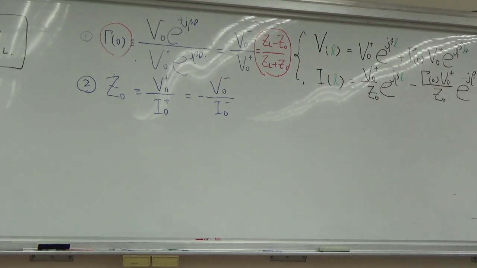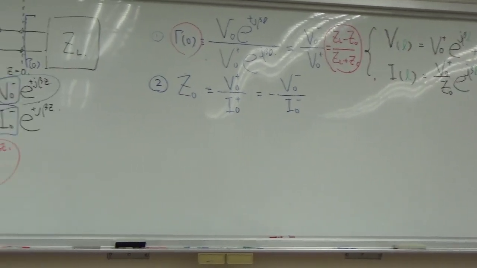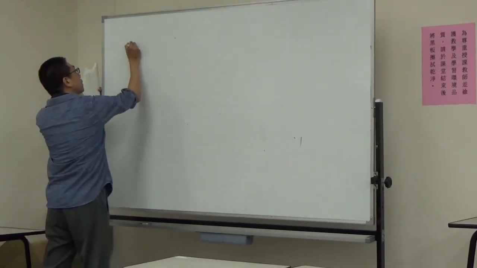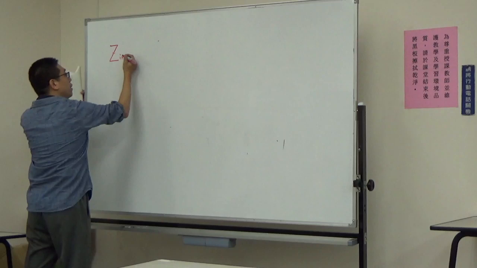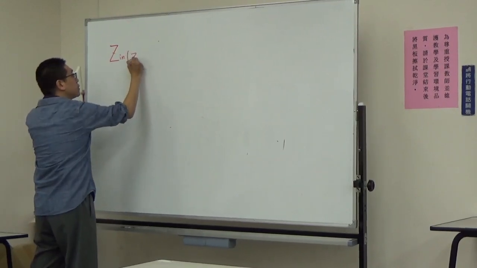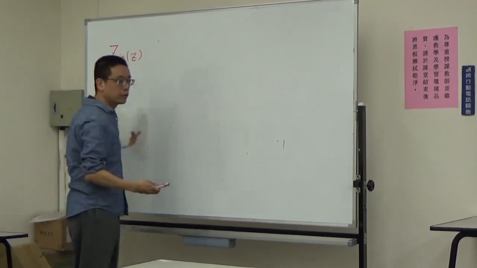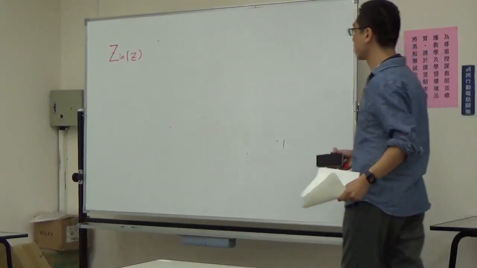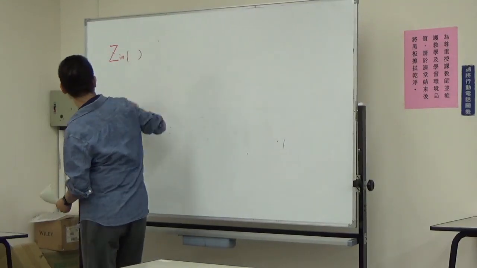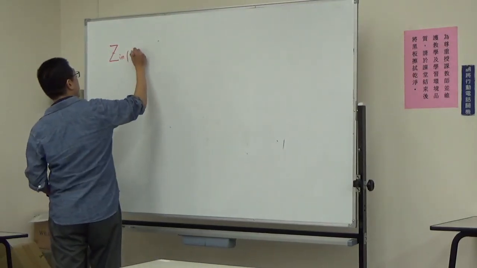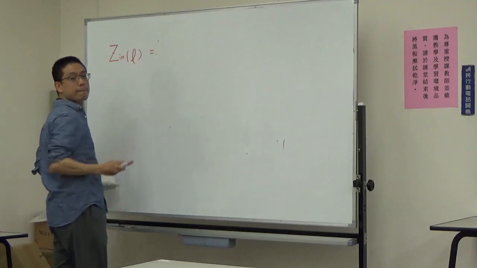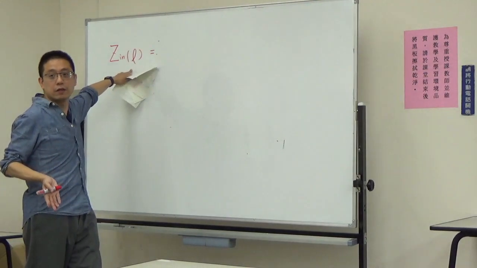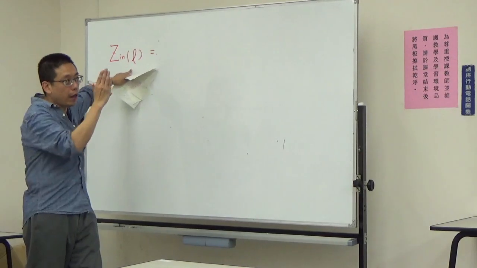The most important thing today, we are trying to deal with the result we derived last week: Z in, the impedance at anywhere.